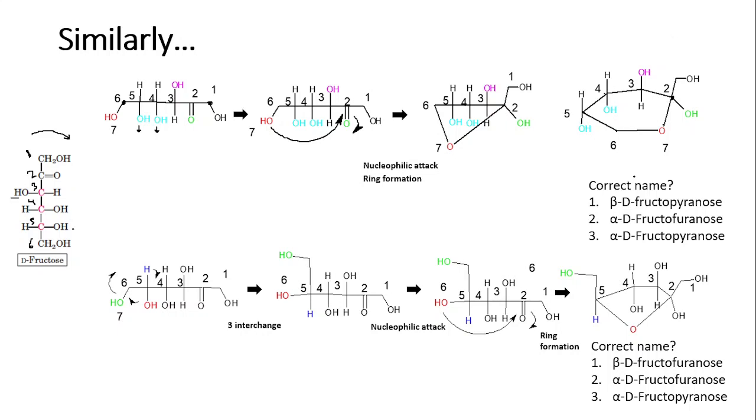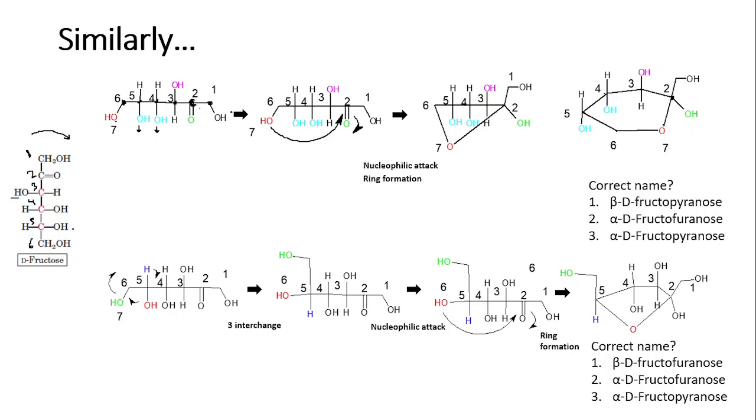To form a 6-membered ring, you remember you always have to involve the carbonyl, so that carbonyl carbon has to be part of the 6-membered ring. And you have to use one of the OH groups. So this is the first carbon, 1, 2, 3, 4, 5 and 6.